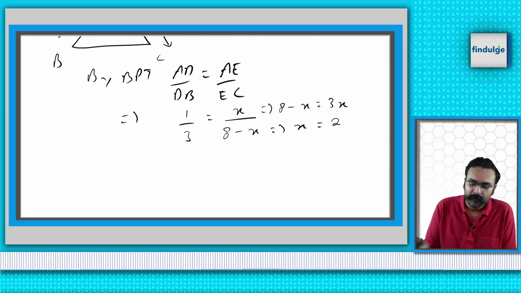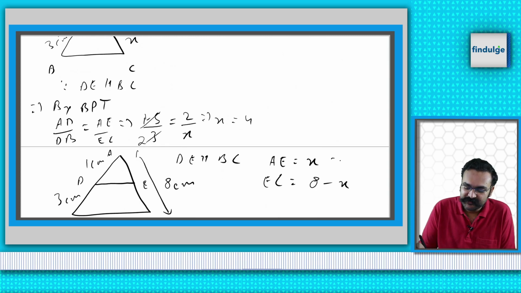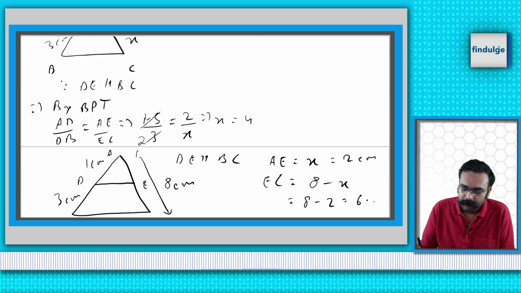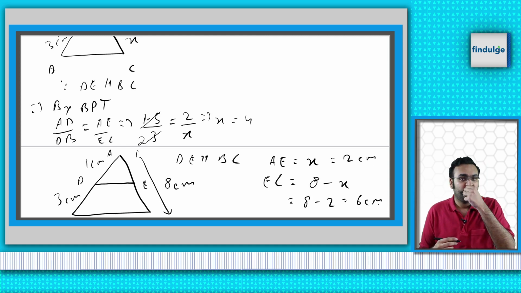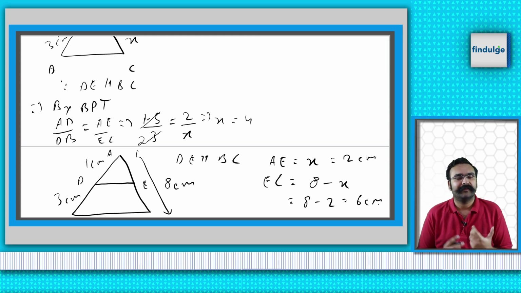And so that means that over here AE is obviously equal to 2 centimeters and EC is equal to 8 minus 2, 6 centimeters. And this is the way that BPT is used to solve basic simple questions revolving around basic proportionality.